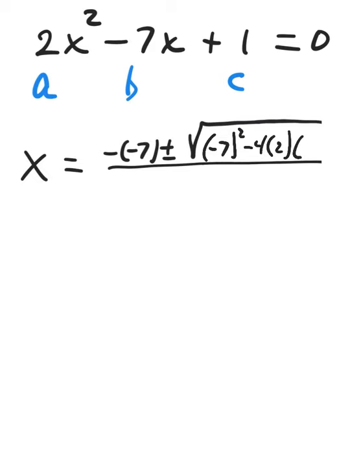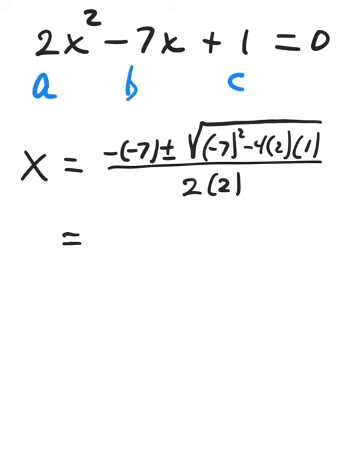C value is 1. So we're going to just go ahead and put a 1 there. All over 2 times a, which is 2 times 2. Okay, so make sure your numbers match up from your equation and the quadratic formula from the first slide. Once you're sure you've got them all plugged in, everything's going fine, then you proceed.